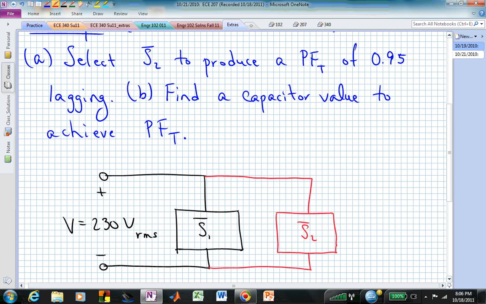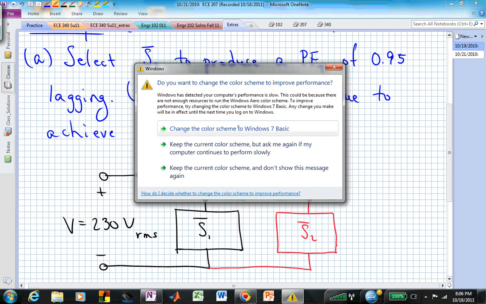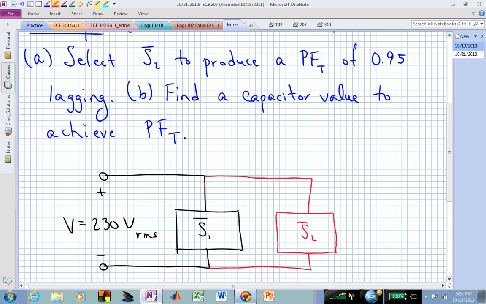We now want to attach a second load to load 1 in an attempt to correct the power factor or change the power factor or improve it. In this case, make it closer to 1, put the power factor of the total combination of S1 and S2 to a value of 0.95 lagging.